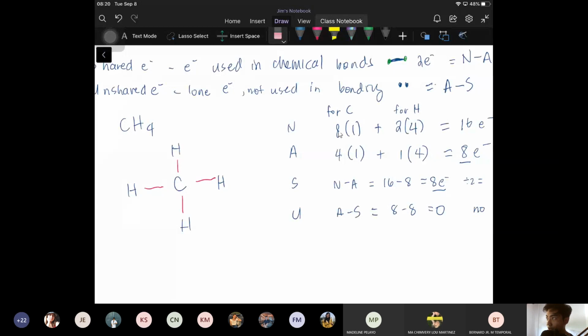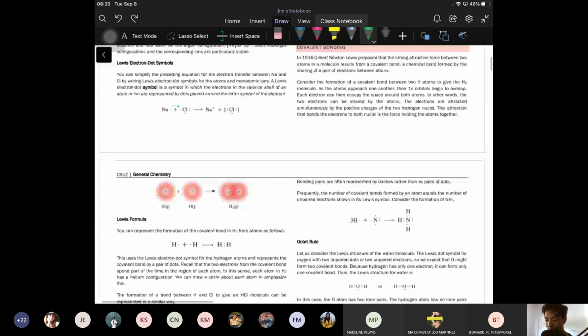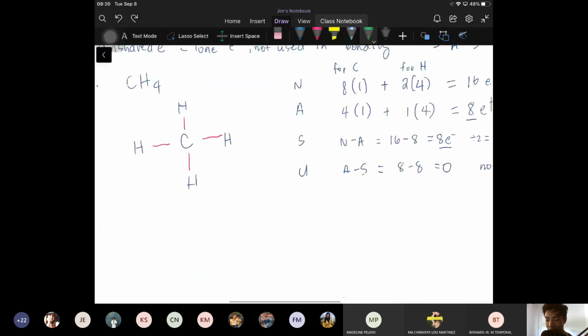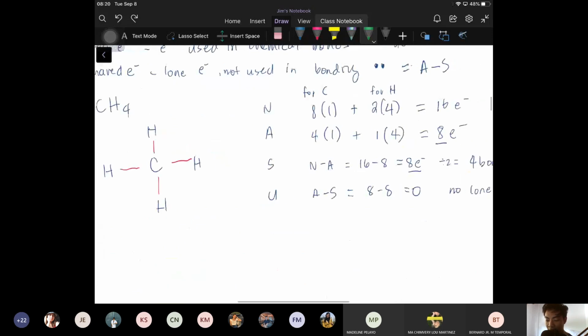So, pag nakita mo na 8 na yung nakapalibot kay carbon, okay ka na dyan. Kapag nakita mo na tig-2 na yung nakapalibot kay hydrogen at na-confirm na tama na yon, no? That means you're done with the structure, no?